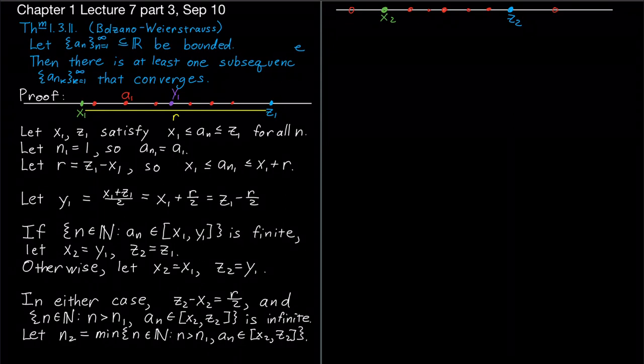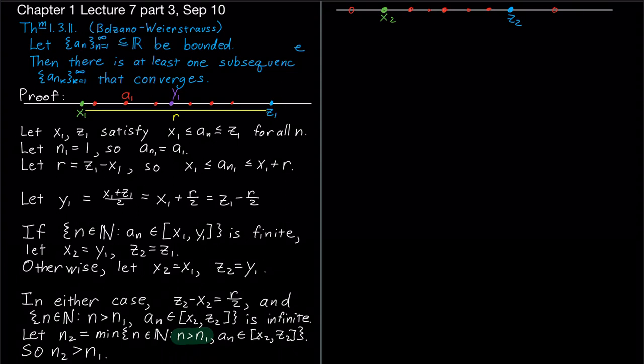And this is why we put in this n bigger than n1 condition, because we want n2 to be strictly bigger than n1, because we're going for a strictly increasing sequence, because that's how subsequences are supposed to behave.